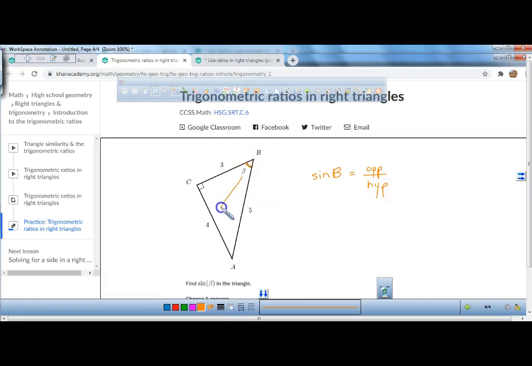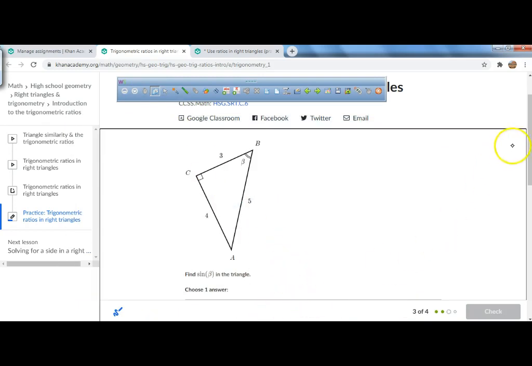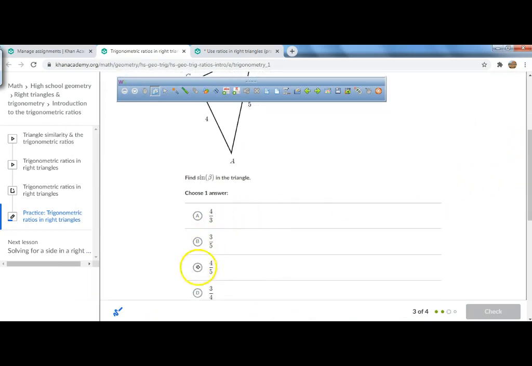So we draw a little arrow to the opposite side and label it. It looks like our opposite side is 4, and our hypotenuse, you can clearly see, is 5. So that's just 4 over 5. That's how easy it is. Let me just choose 4 over 5.